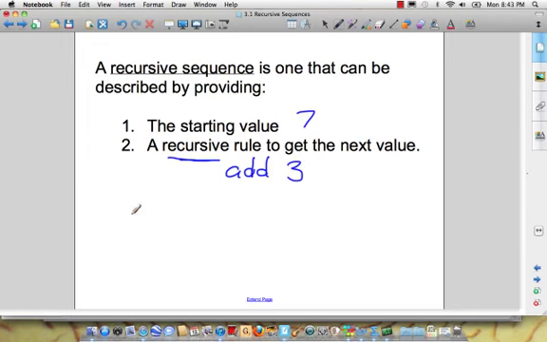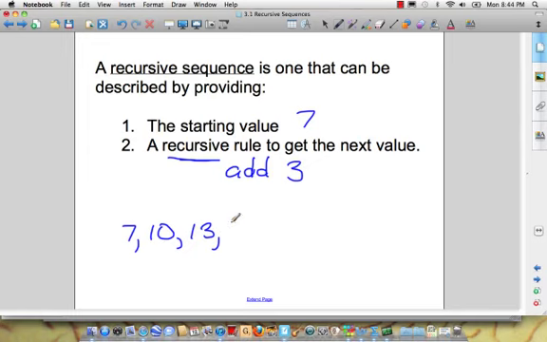So this sequence, I've told you that it starts at 7 and that the recursive rule is add 3. So to get the next term, I add 3 to 7. That gives me 10. Okay, the rule is recursive, which means it recurs. It occurs again. I'm going to use the rule again. So to get the following term, I take 10 and add 3, and that's 13.